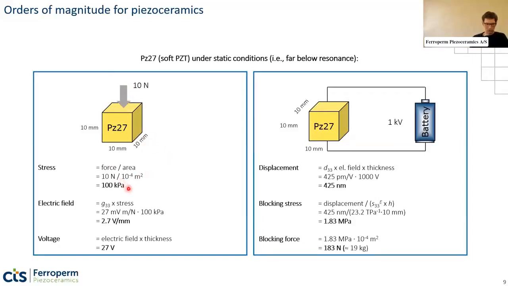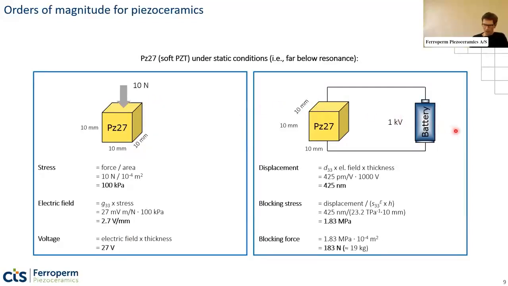So the stress is found quite simply by just dividing by the area. And then you use one of the equations I showed before, multiply by G33, that you look up in the table for Piezo27, and then you find this electric field, and this can be converted to a voltage of 27 volts by multiplying the field by the thickness. So quite a high voltage for a rather small force of only 10 Newton.